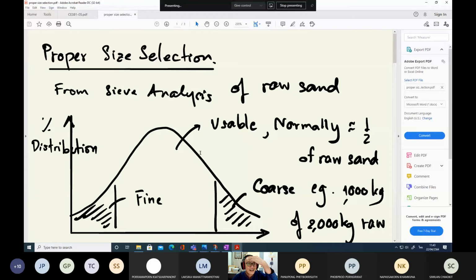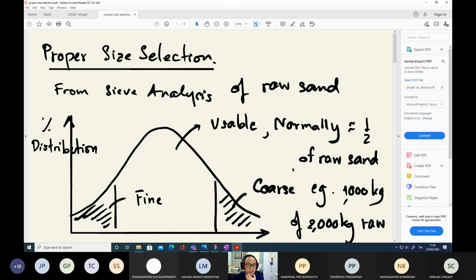This is the first. So I'm going to share the screen. Okay. Proper size selection. You can download this file from the MS Team. These files are actually supplementary documents.